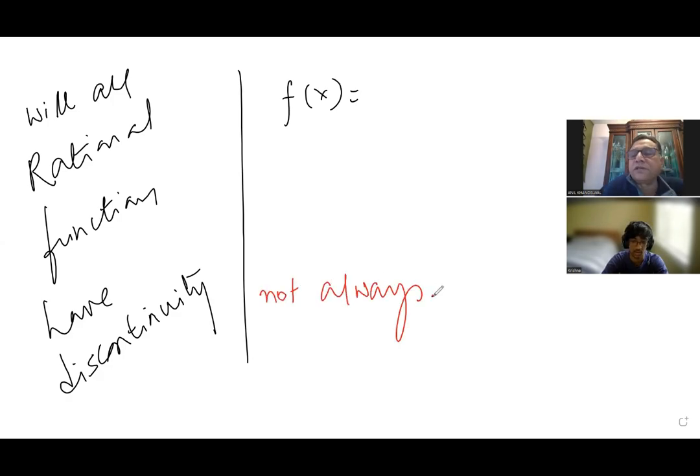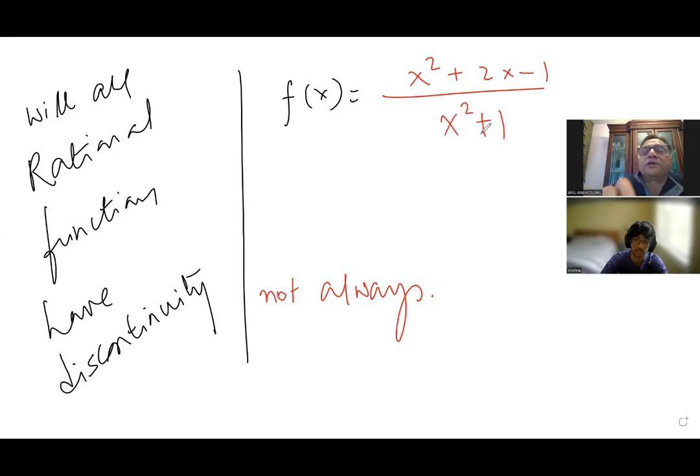These questions are very interesting. Sometimes true, always true, these types of questions, right? So for example, I could give a function like x squared plus 2x minus 1 divided by x squared plus 1. Now in this case, my denominator is continuous. There is no x-intercept for x squared plus 1, right?